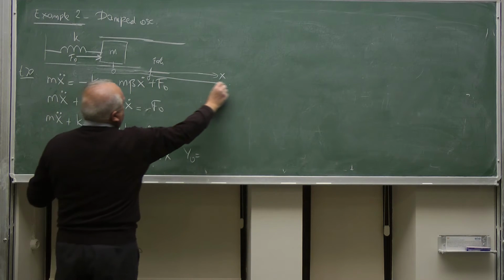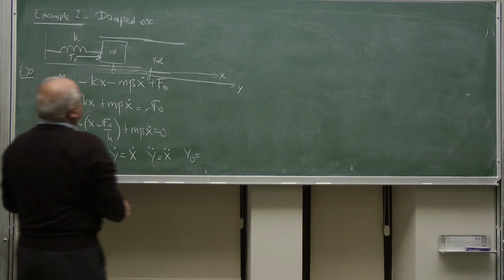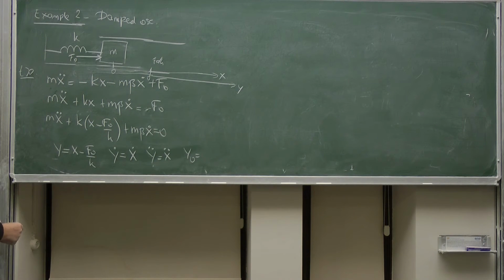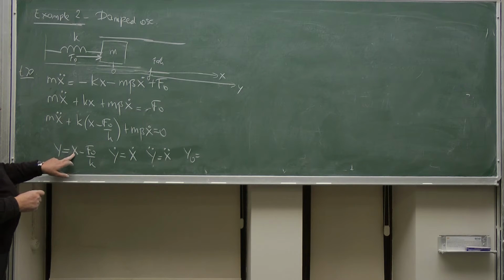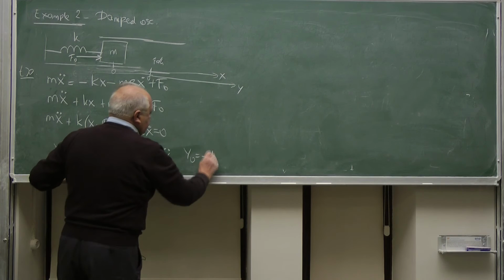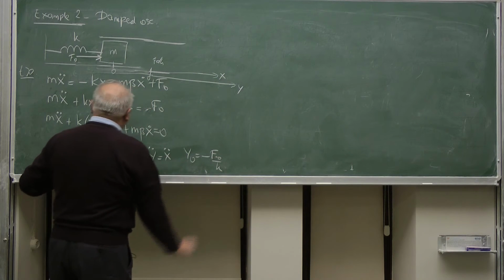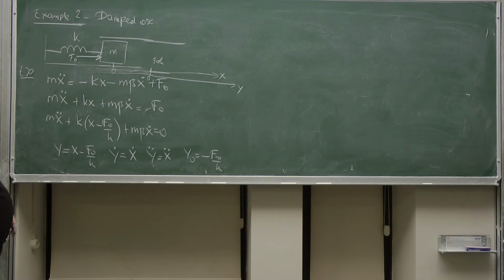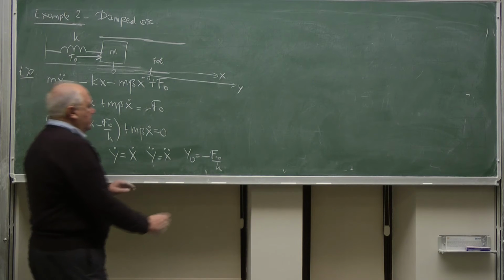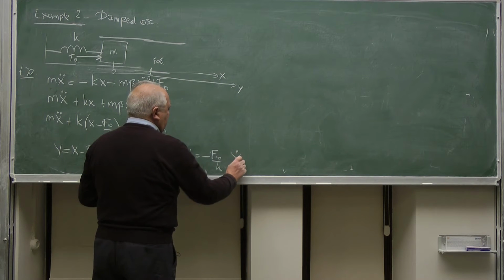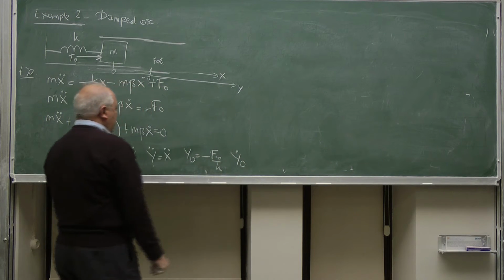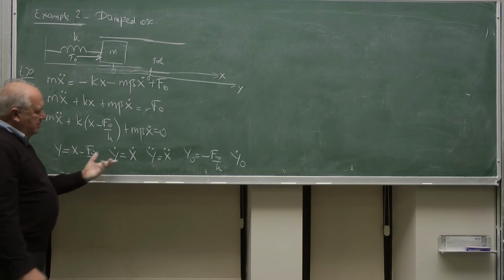So initially, in terms of the y coordinates, x0 was 0, so y0 is minus F0 over k. And y dot 0, which is x dot 0, is 0.